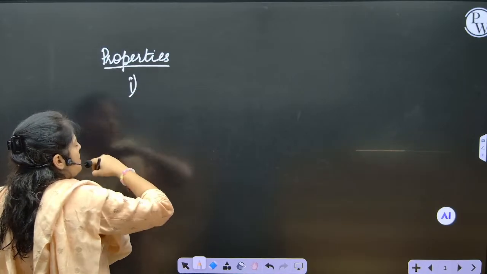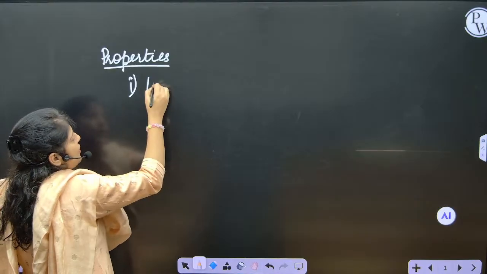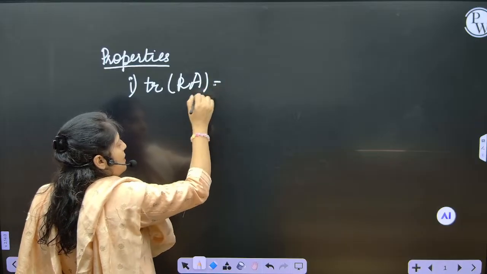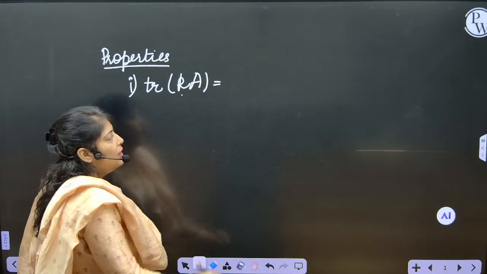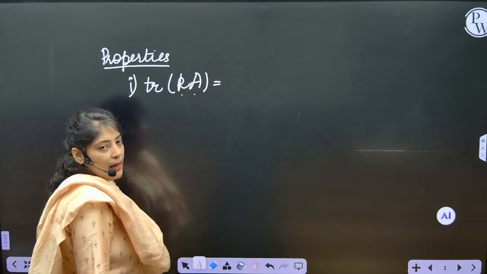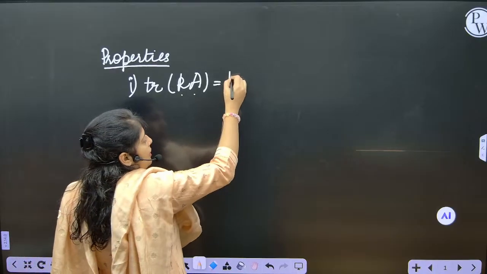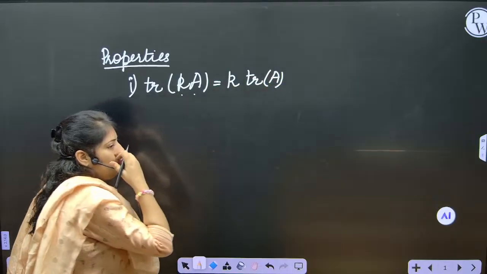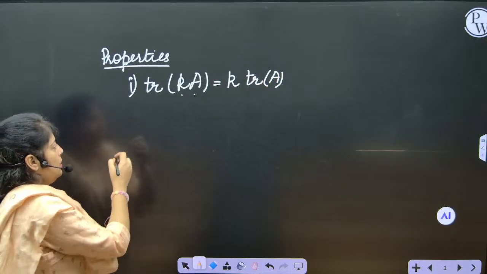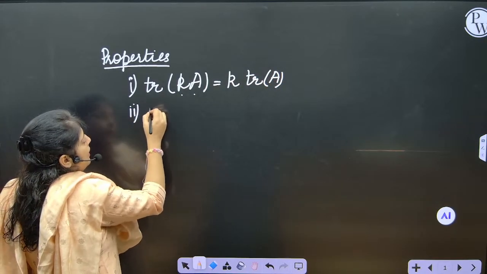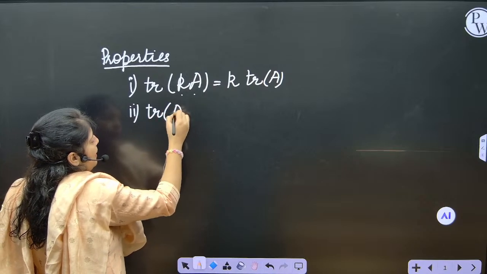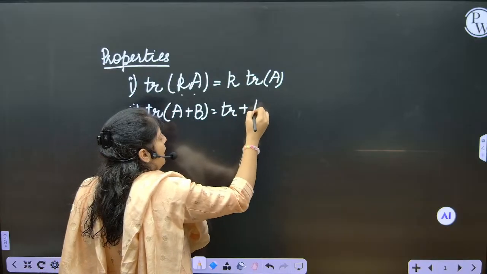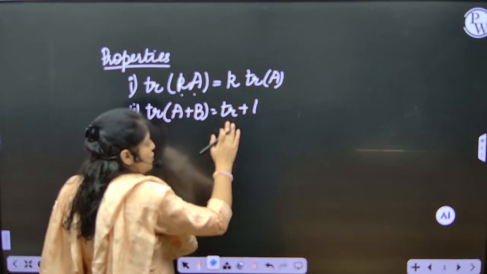First, yesterday I told you, trace of k times A. That means if any scalar is multiplied with any matrix, it is nothing but k times trace of A. Second is trace of A plus B, which is nothing but trace of A plus trace of B.